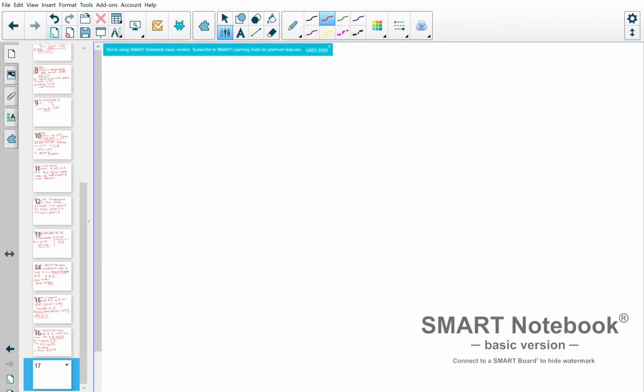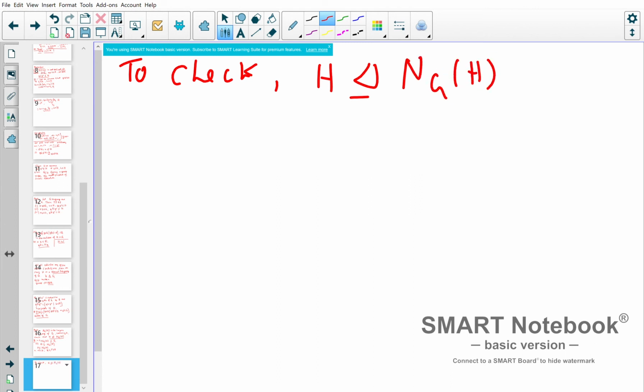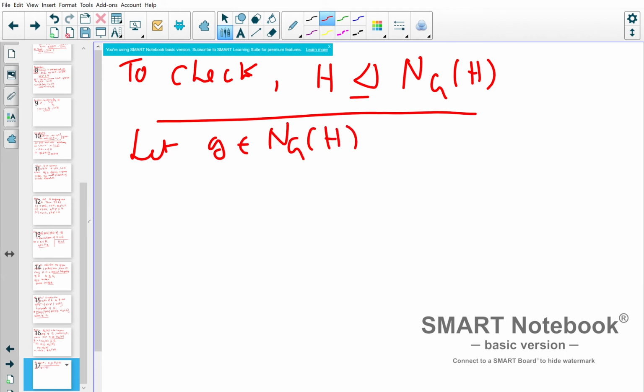Now how to check the last part, that H is a normal subgroup of N_G(H)? You need to check that, given any element, let g belong to N_G(H) and h belong to H arbitrarily.